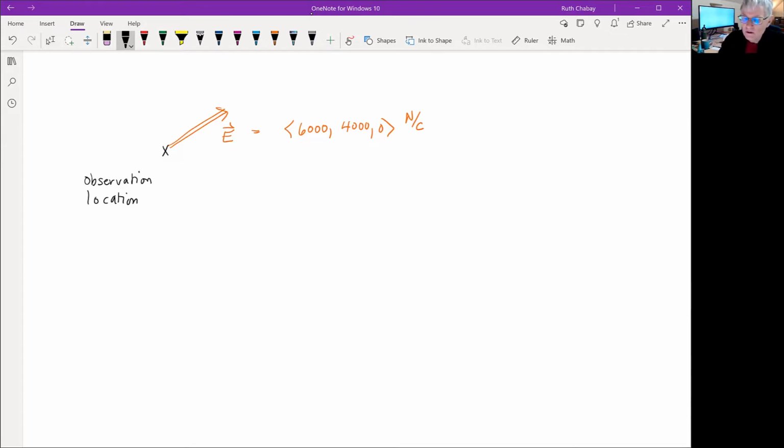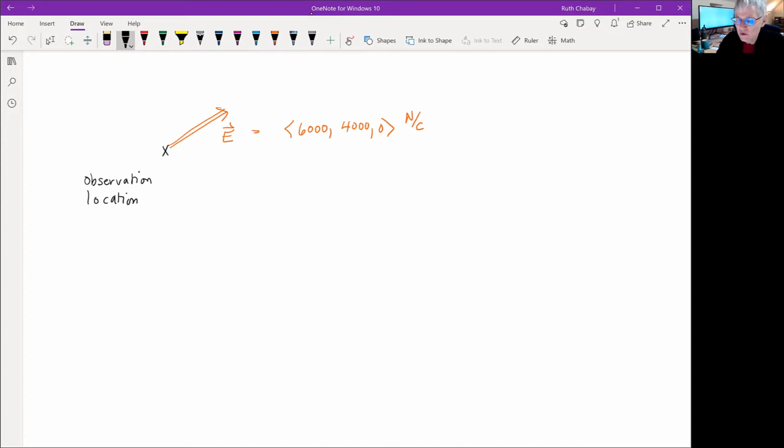So let's say we know the electric field at this location. We don't have to know what made it. It could be a single charge, it could be lots of charges, and the world is full of charged particles, so we're going to find that we're often in a situation where we need to know the electric field that's made by lots and lots of charges. But for now, we'll just talk about the field of one charge.